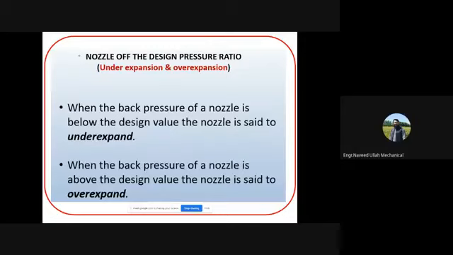At the critical pressure ratio, we said that we have nozzles on the design conditions. You want a certain velocity, you decrease the pressure, and you can get that velocity. So that is your on the design condition.